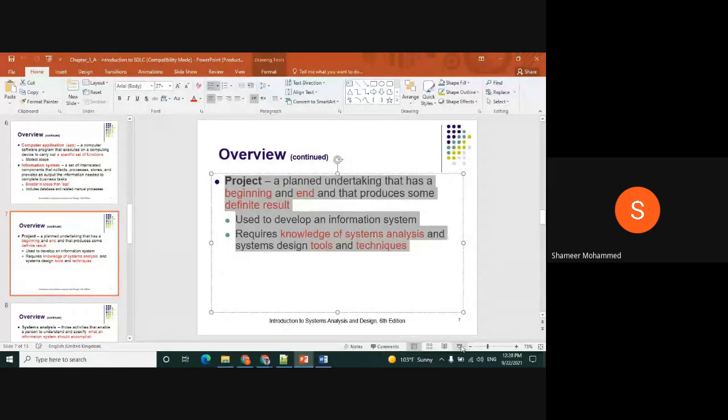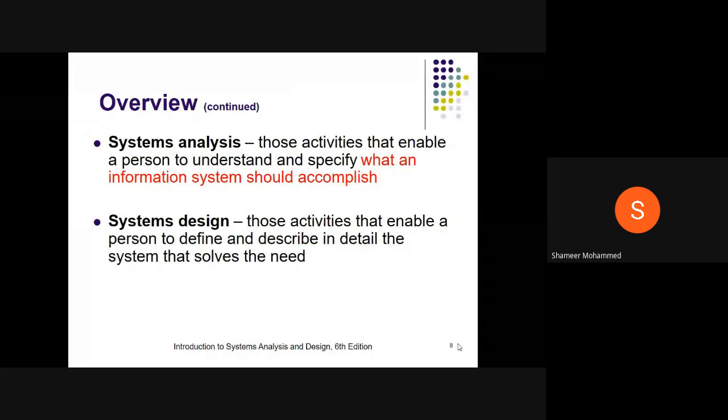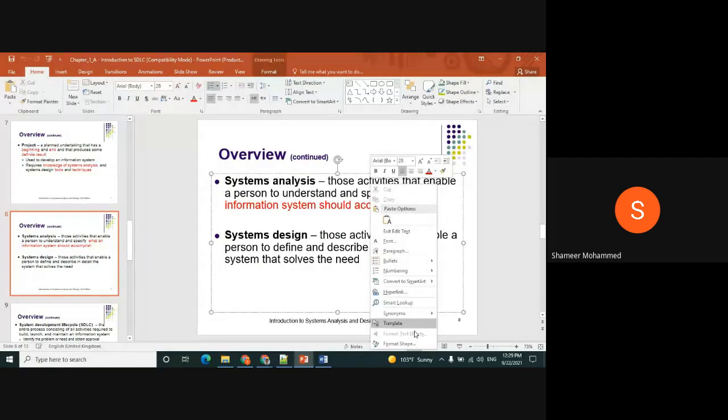Now we move to the next slide. System analysis, system design. Did I cover this? No. Okay. What is system analysis and what is design? Analysis is nothing but activities that allow a person to understand the system and to specify what it should do, what it should accomplish, what it should achieve, what it should get done.